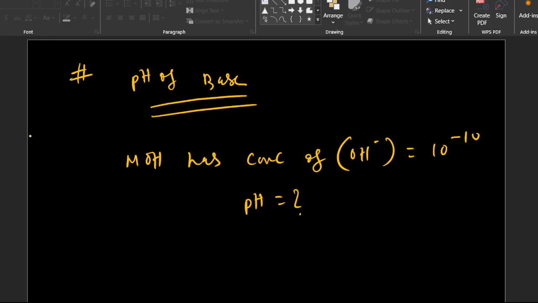For acidic we are calculating pH, and for basic we will do pOH. That is also minus logarithm of OH minus concentration.